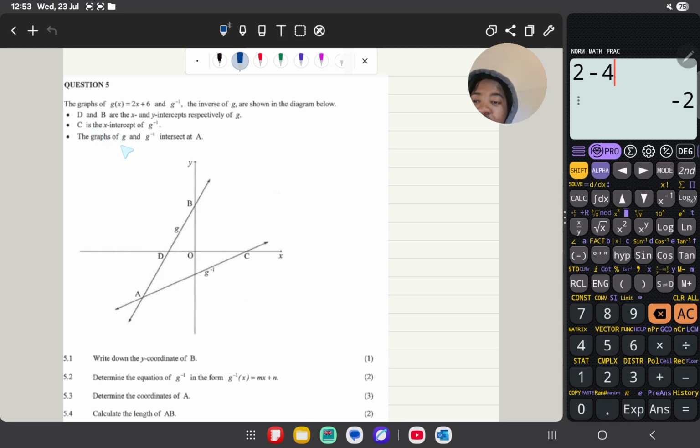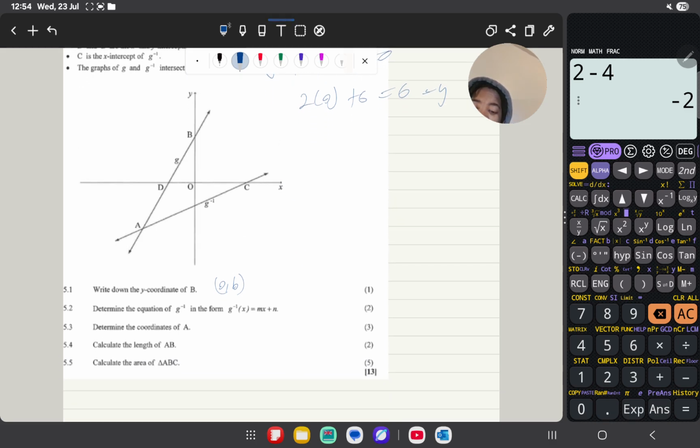C is the x-intercept, and the graphs intersect here at A. They say write the coordinates of B. B is the y-intercept, so you know that x is 0. So you have 2 times 0 plus 6, which is 6. So the coordinates here are 0 and 6.